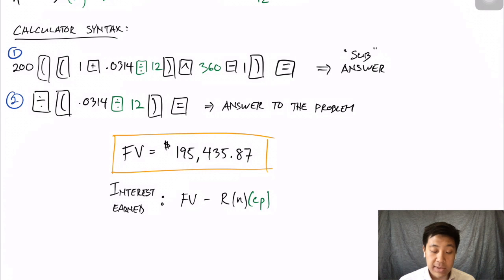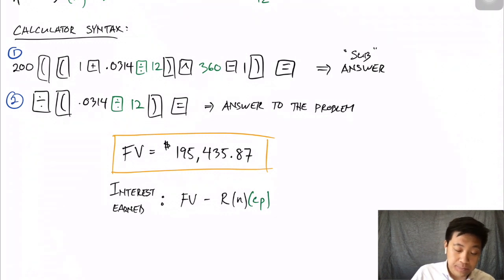The number one mistake students generally do when looking for the interest earned is that they take the future value, they subtract 200 times the time, which is 30 years, which is partially correct because you did deposit $200 for 30 years. But did you deposit $200 30 times, one for each year, or every month for those 30 years? And that's why the multiplying by 12 comes in.